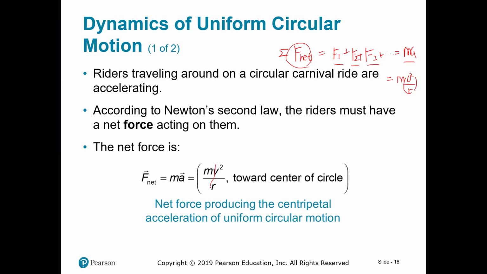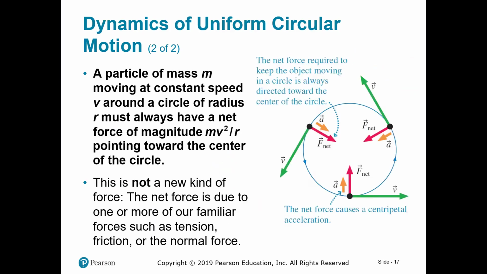So this is just replaced by a for Newton's second law for circular motion. That's the only thing. And then the direction of the force is toward the center of the circle. This makes sense because the acceleration direction is to the center of the circle. So the force direction must be same as the acceleration direction.